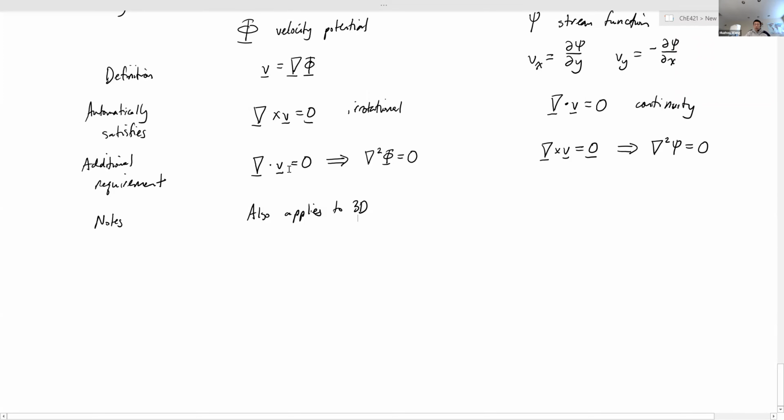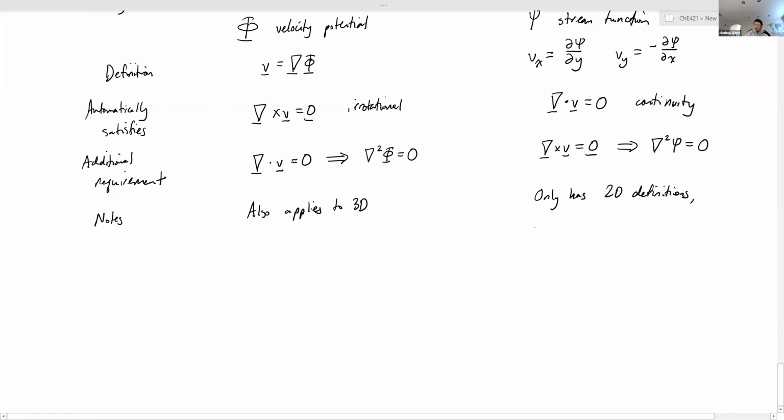The stream function also has a few different notes. Of course, the stream function only has definitions in 2D. Those definitions are different in other coordinate systems.